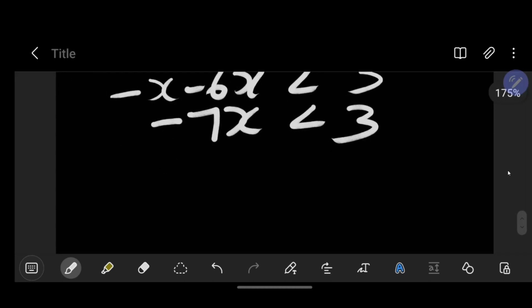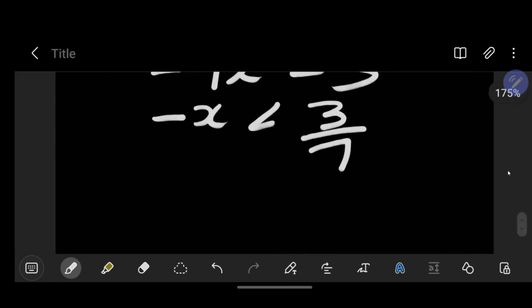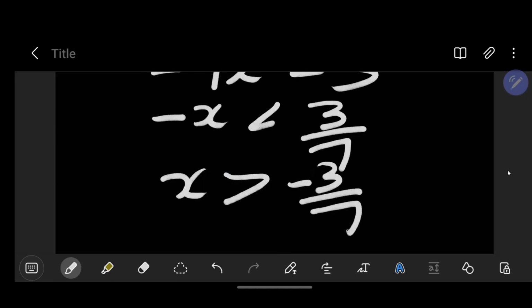So first step, let's divide by 7 on both sides. So we have minus x is less than 3 over 7. We need x alone, so we need to divide both sides by negative 1. So we have x is greater than minus 3 over 7.